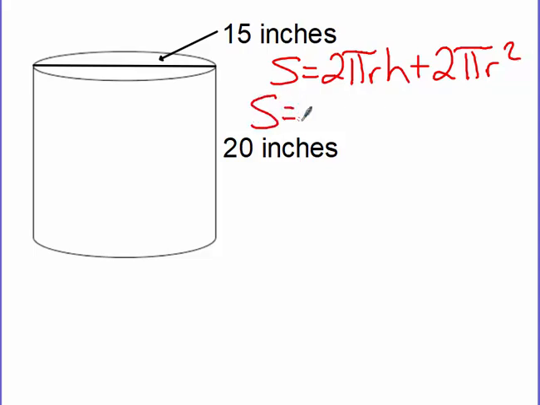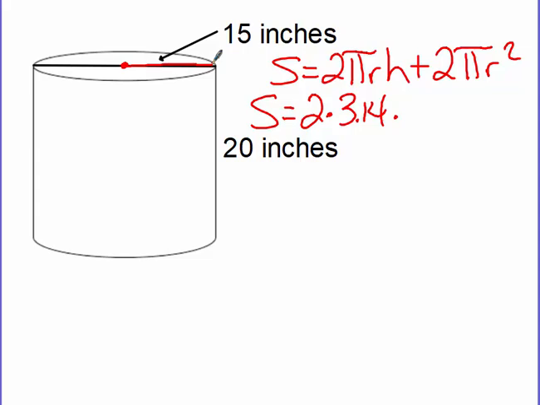So we start surface area equals, and we just start plugging in the information. That's the beauty of the geometric formulas, you're just finding what it tells you to find. So 2 times, for pi we use 3.14, times, now we need the r. The r is the radius of the base, and a radius is halfway across.